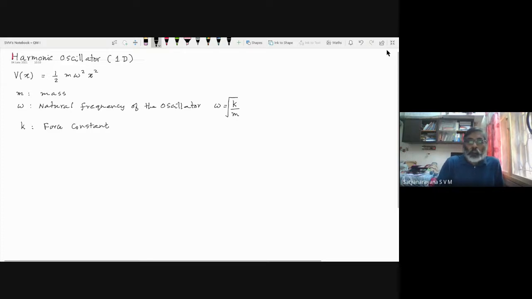Now this potential has a form like this. If you plot V of x versus x, it is something like this. So it's a parabola, and it goes to infinity, and at x equal to 0 it is 0. I'm sorry for the bad figure, but I am sure you understand what I'm trying to do.